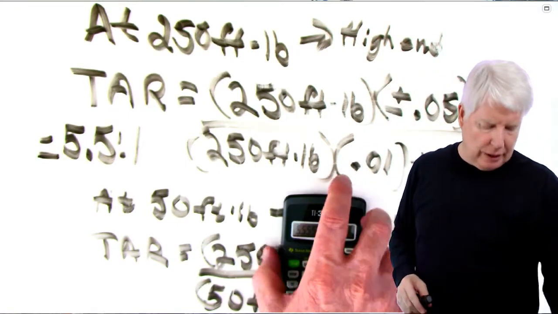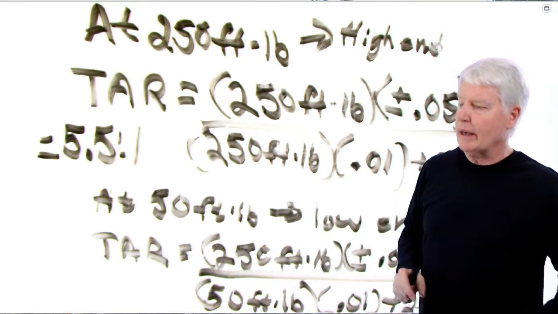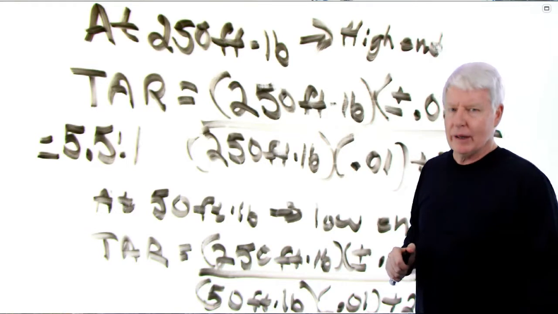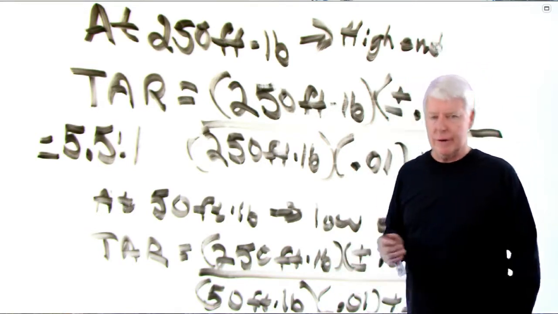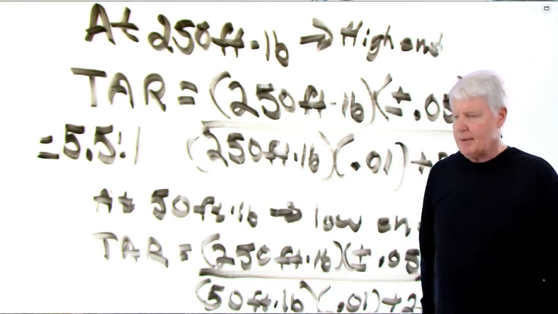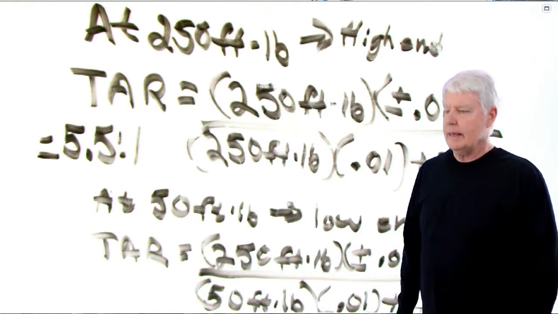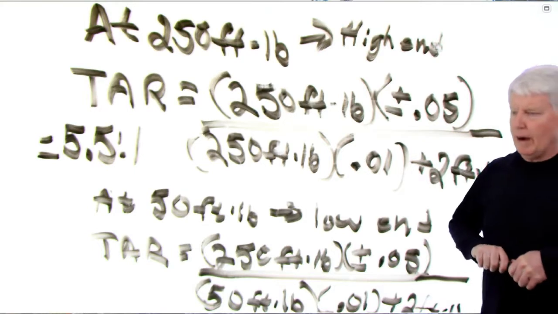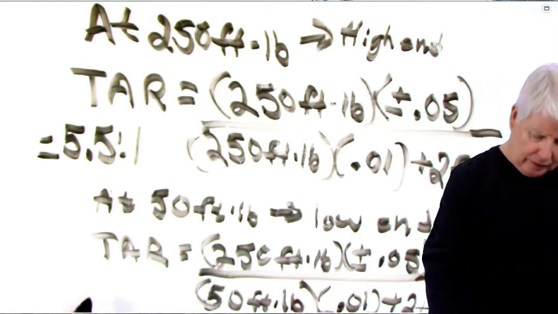All right, now we're going to do the same thing, only we're going to do the lower end range. They didn't give us a lower end range, so I'm just going to say 50 foot-pounds. That's a pretty small torque. I'm going to make that the small range, just to see what we get. So we go 250 times plus minus 0.1. We already know what that is from our last calculation.